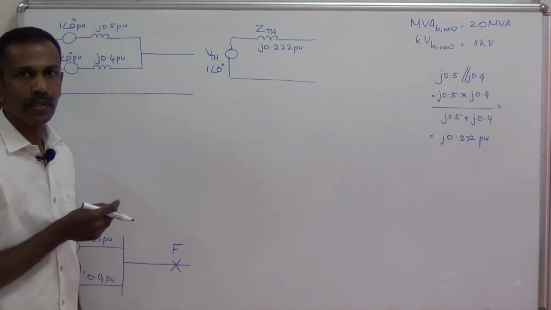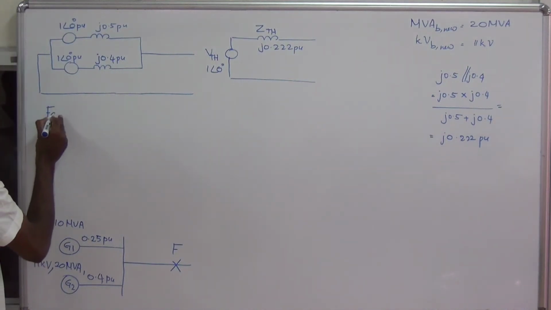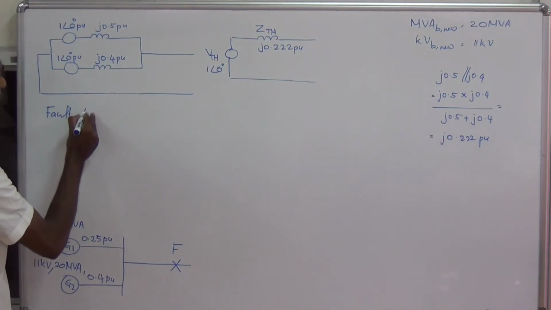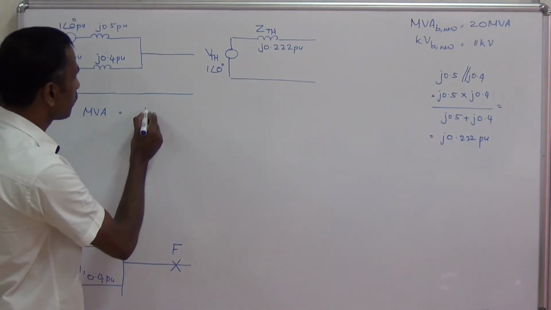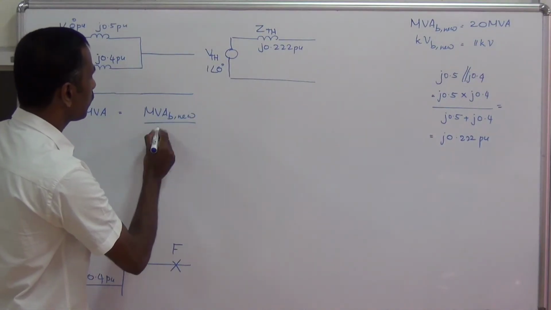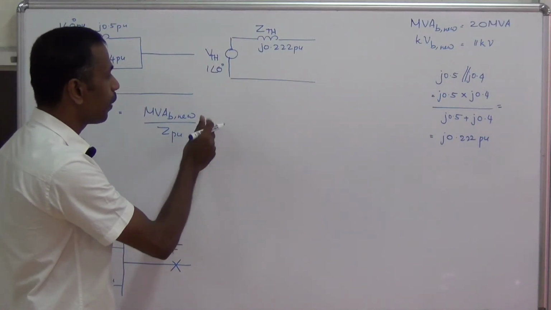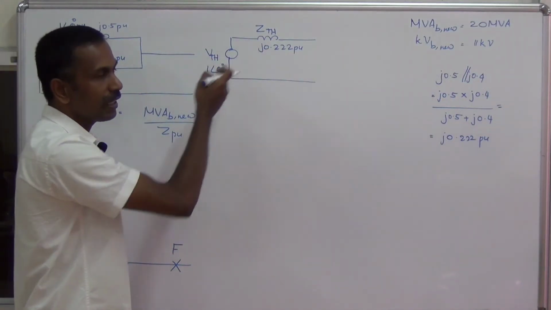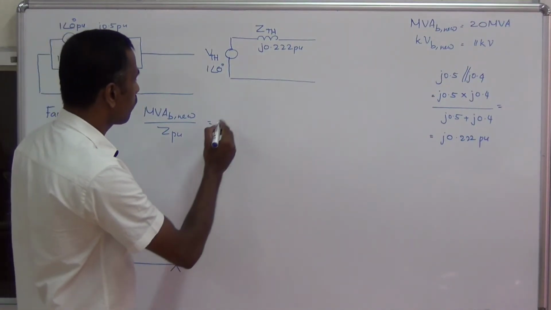Now let us find out the fault MVA or fault KVA. The fault MVA is equal to the MVA base divided by the per unit impedance. The per unit impedance is same as the Thevenin's impedance at the fault point before the occurrence of fault.